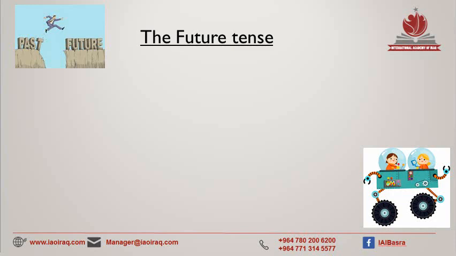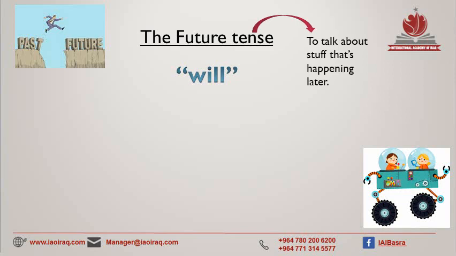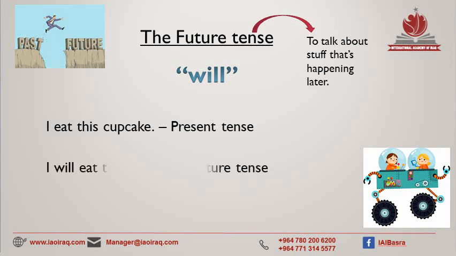So in the future tense, we use the word will. In the present tense, you'd say, I eat this cupcake. That's present tense. But if we were going to say it in the future, you haven't eaten the cupcake yet, you're going to eat it in the future, you would say, I will eat this cupcake.